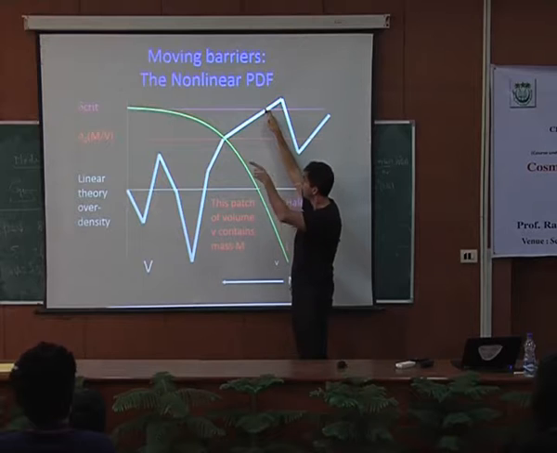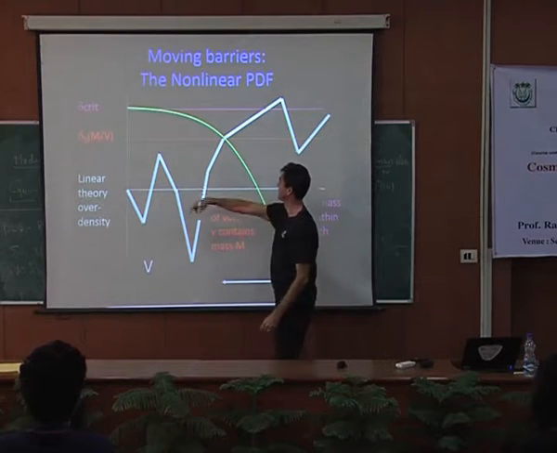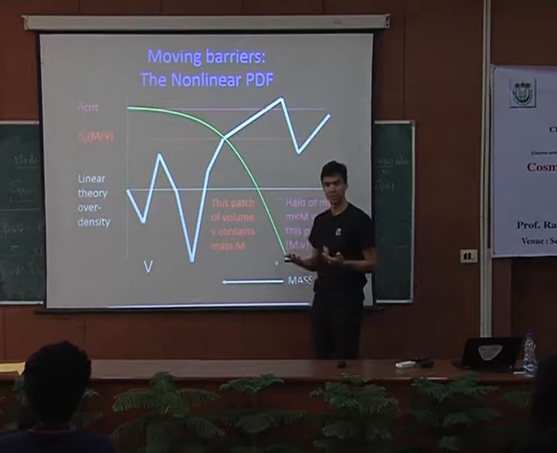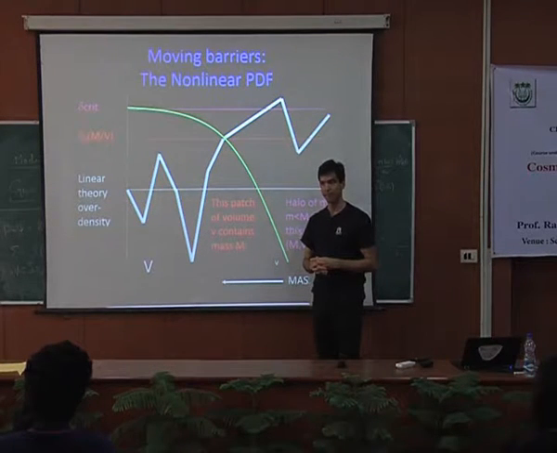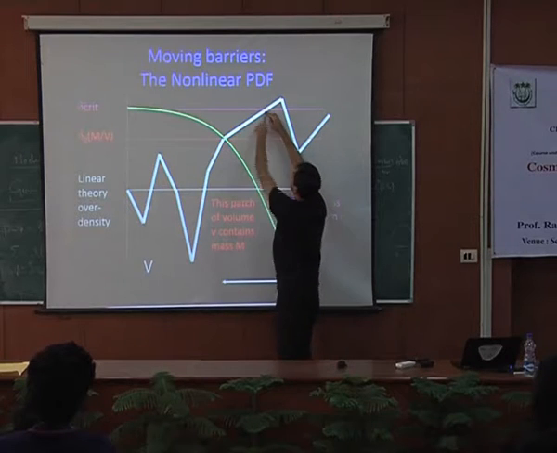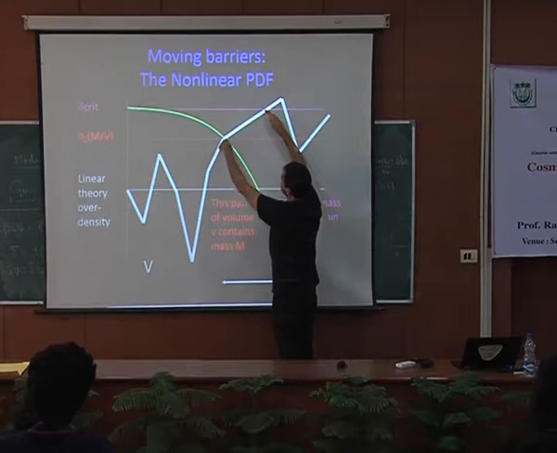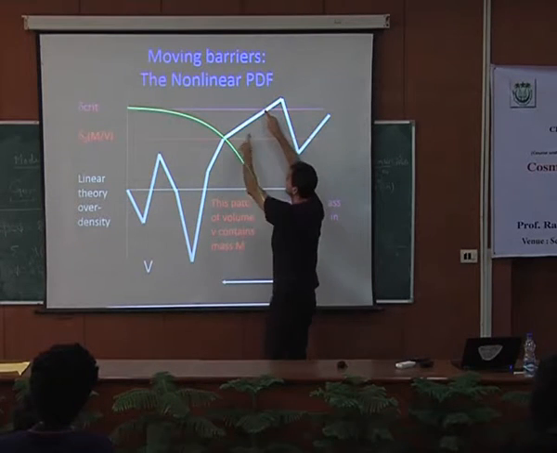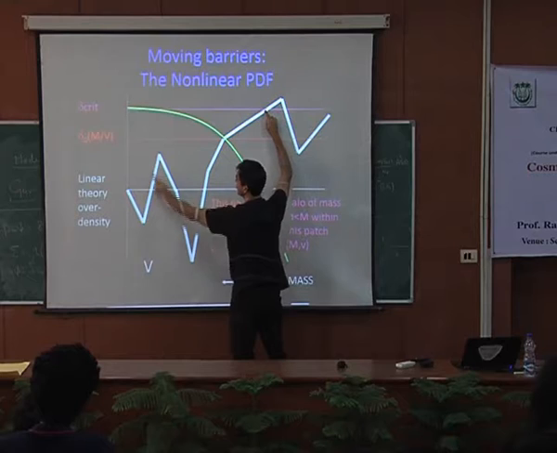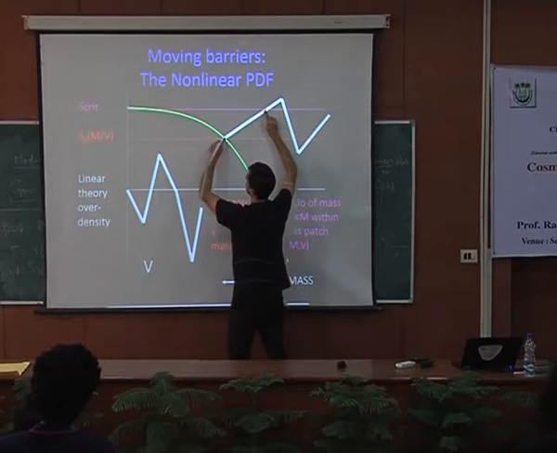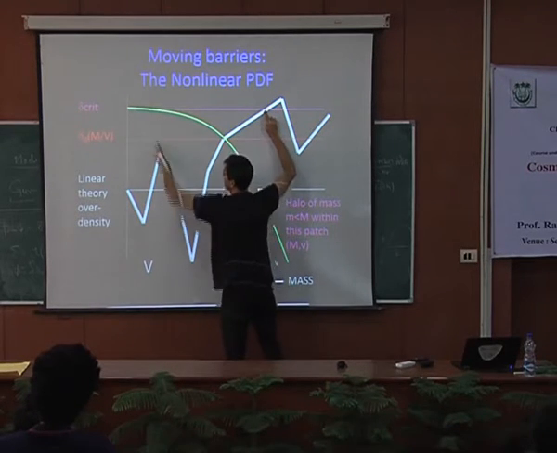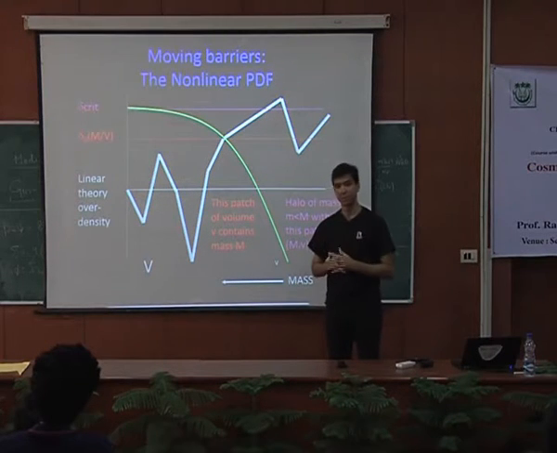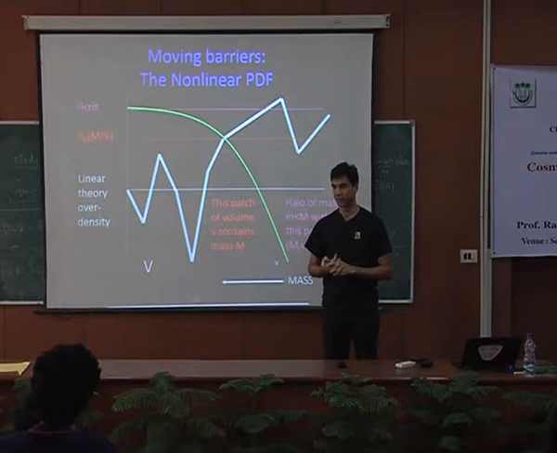Now I get the evolved one by asking that this is the initial profile around the halo, the Gaussian field profile. This represents the halo, and this represents the density around it in the initial field. And now by saying I don't care about the initial field anymore, I want the final field, I want to know when it crossed here, when it crossed this barrier, and so on. And that maps for me how the mass changed position because of the density.